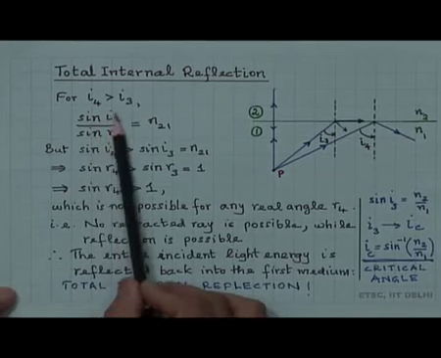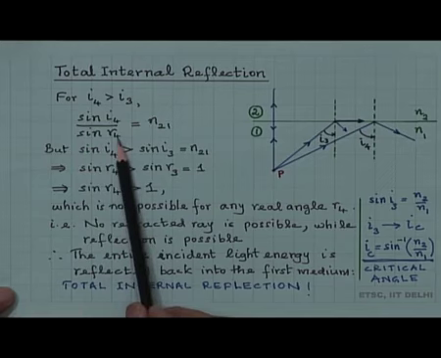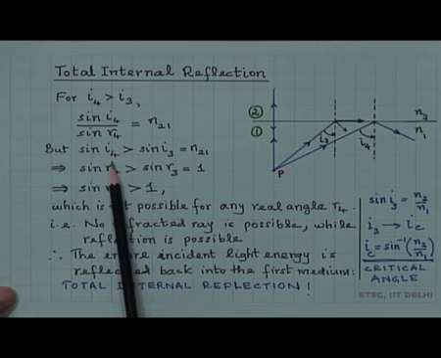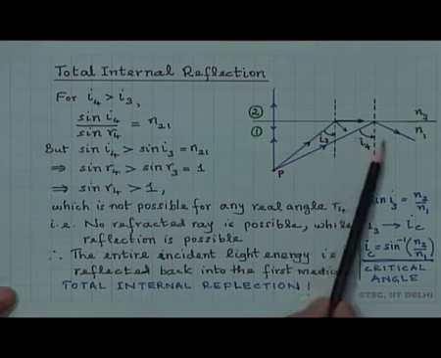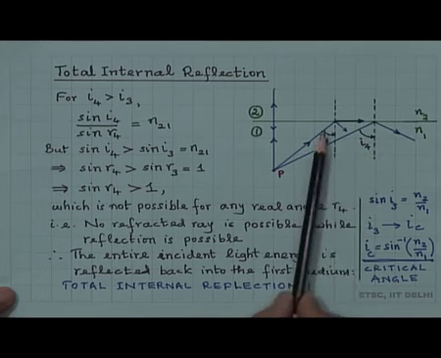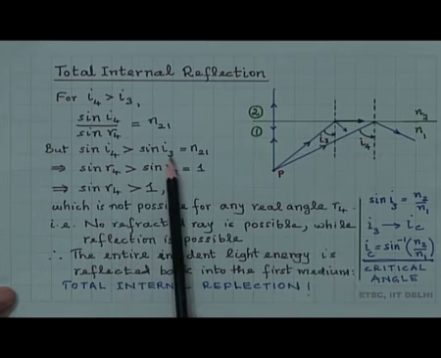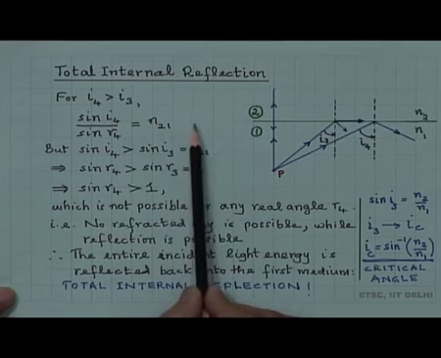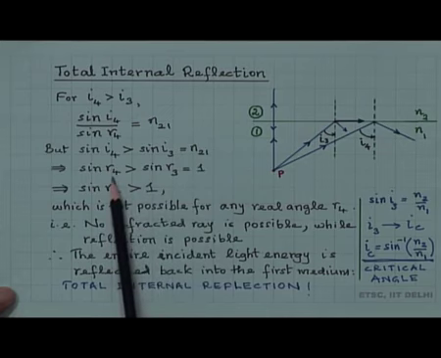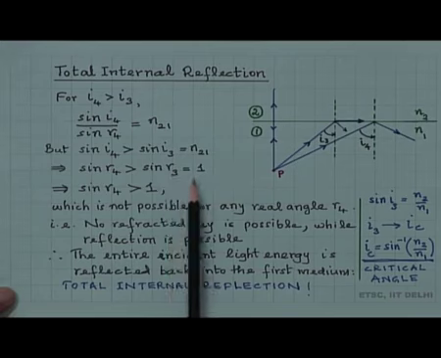Snell's law says sin I4 by sin R4 must be equal to N21, but sin I4 is greater than sin I3 because angle I4 is larger than I3. Therefore, sin I4 is greater than sin I3, which equals N21, but N21 is less than 1, and therefore sin R4 must be greater than sin R3, which is equal to 1.